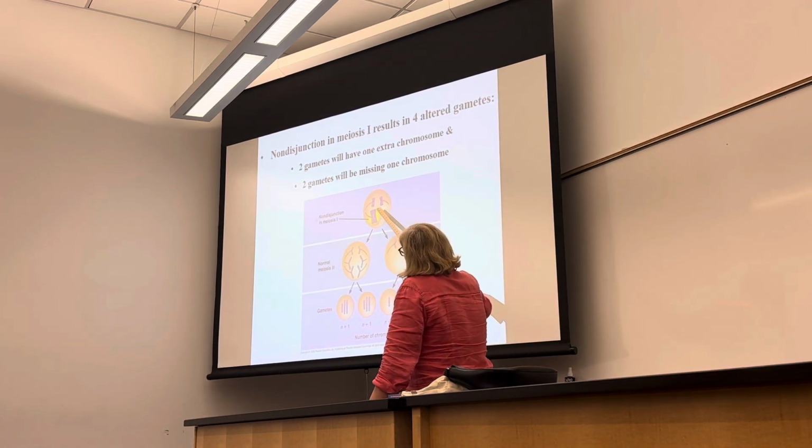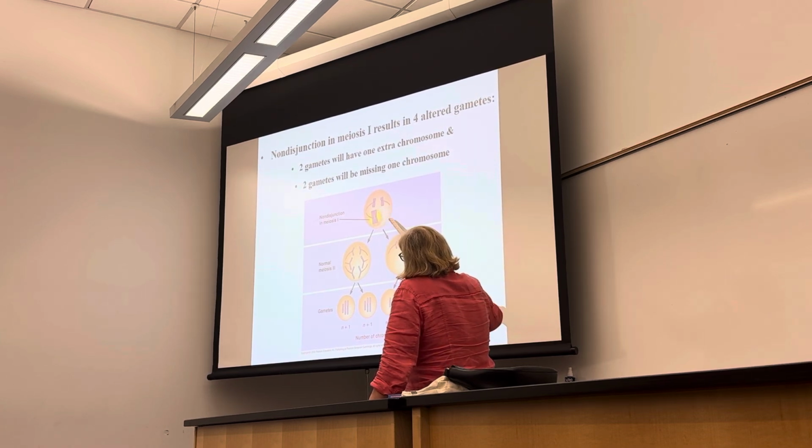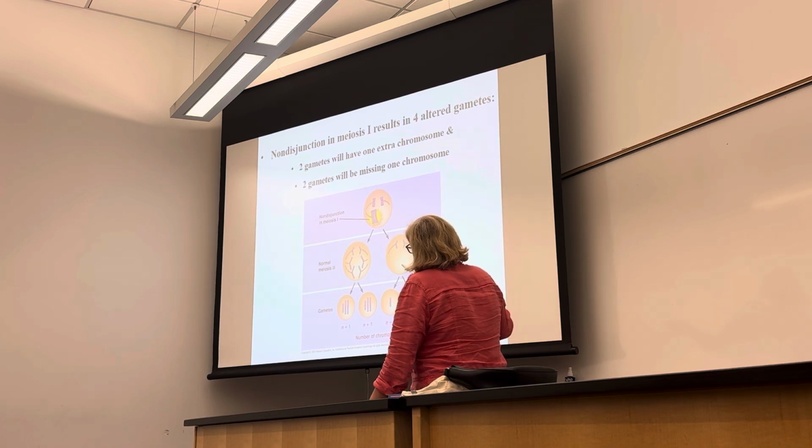For simplicity, they're showing you 1, 2, 3, 4 replicated chromosomes. You can tell they're replicated because they're joined here at the centromere. And then this chromosome should be on this pole of the cell so it could descend to these daughter cells.